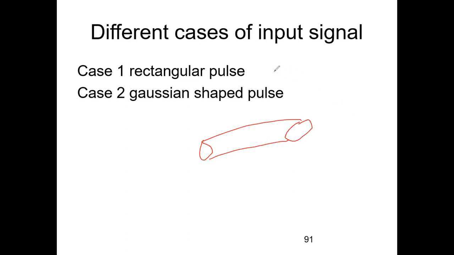When I am talking of a digital pulse, I have two cases of input signal. One is my single rectangular pulse, which all of us know. This rectangular pulse has a time duration. Passing through the optical fiber, the pulse has broadened. So I calculate the time difference, delta T, which is T2 minus T1.